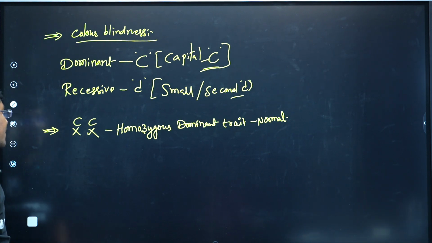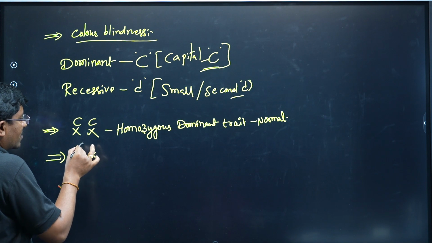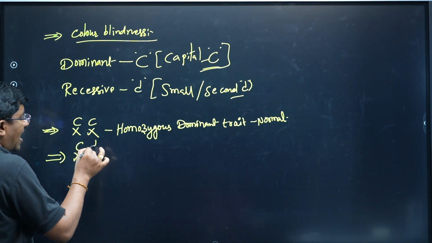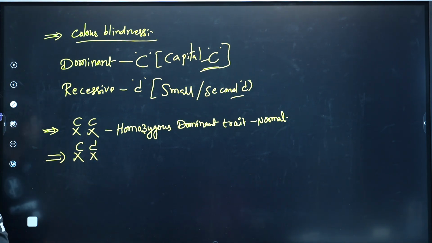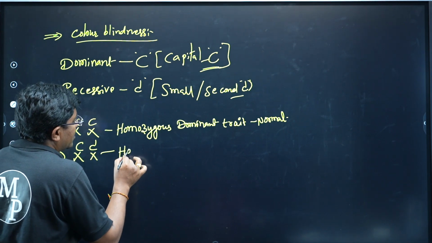Next, on one X chromosome capital C, on the other X chromosome small c, it is heterozygous dominant.